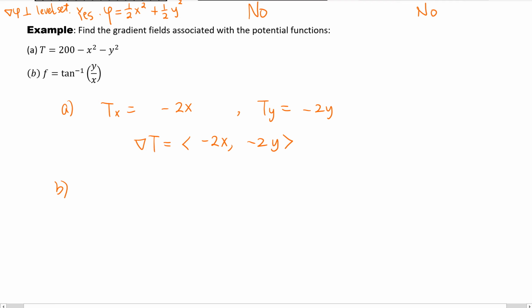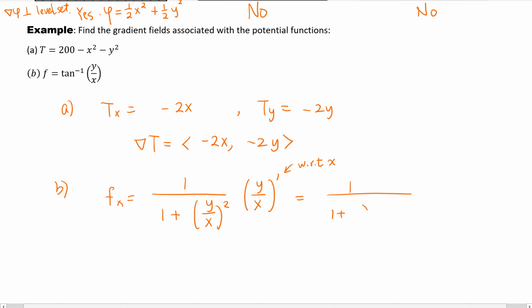Let's continue. So what is fx? Wow, this is chain rule. Do you still remember the derivative of arctangent? Well, that's 1 over 1 plus, chain rule, right? The inner function squared. So y over x squared times y over x prime. But this prime is taking the derivative with respect to x. So that equals y times x to the minus 1.